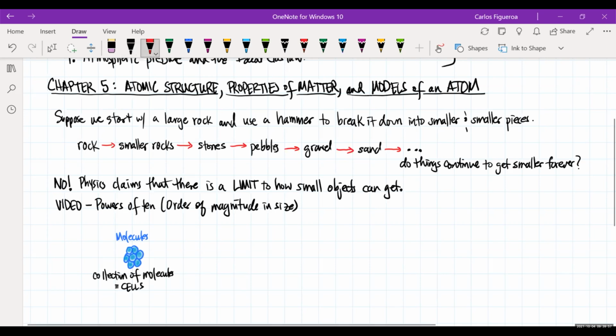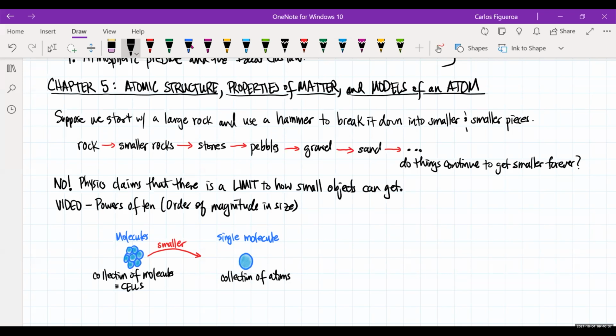And then what we find here is that as I continue to go smaller, I focus on a single molecule, right? In this case, I'm now having a single molecule. And when I look at this single molecule, this guy is really a collection of atoms, like H2O.